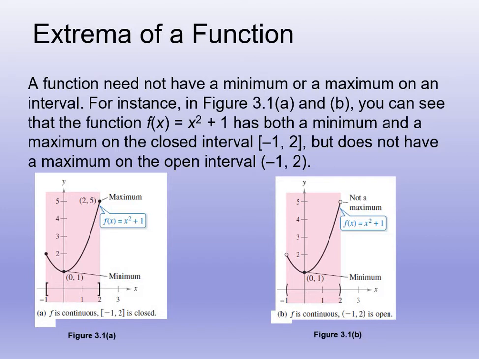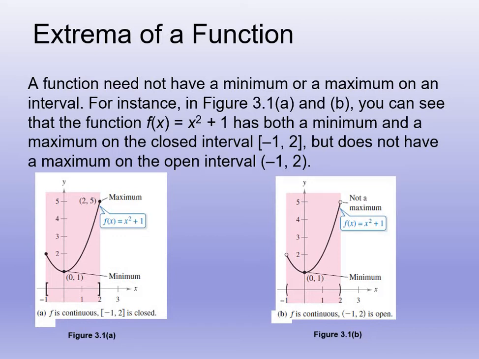So both graphs have a minimum, and a maximum on there. But the maximum does not occur on the open interval. It only occurs on the closed interval. On the closed interval, the maximum happens at the endpoint. The minimum occurs obviously there at the lowest point at 0, 1.